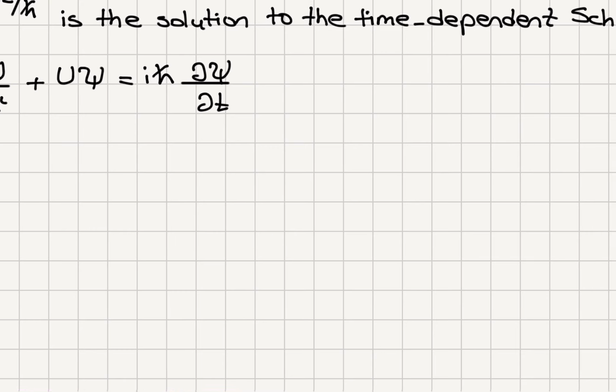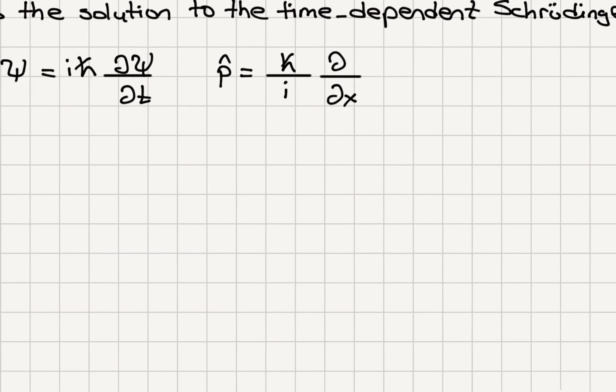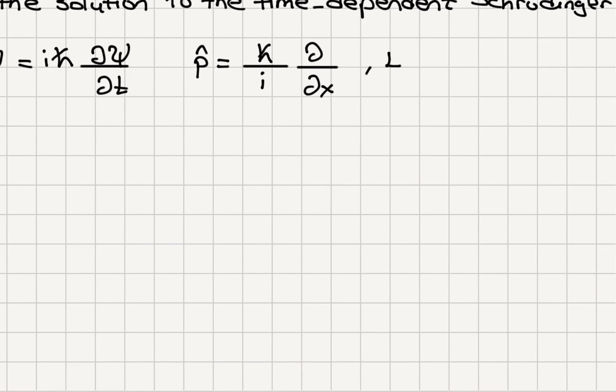So we have the momentum operator p hat, which is h bar over i del x, and the energy operator is i h bar del t, and i is the square root of minus 1.